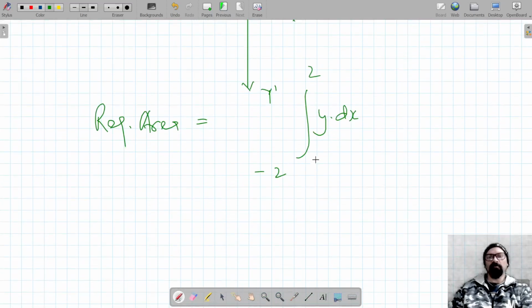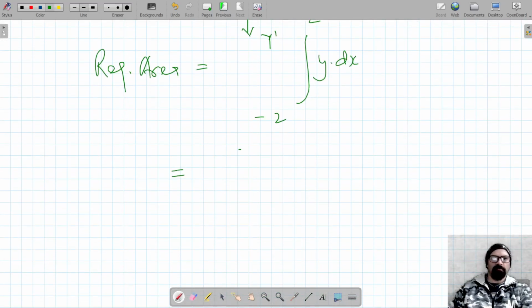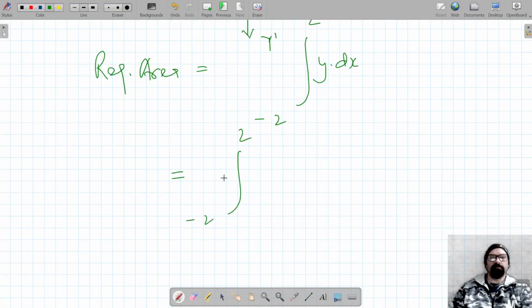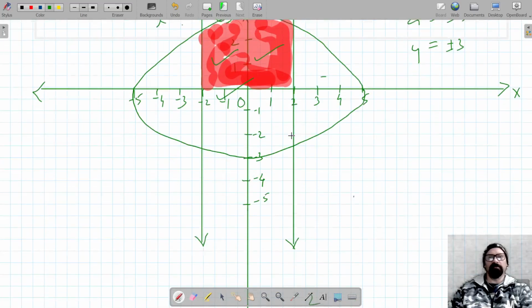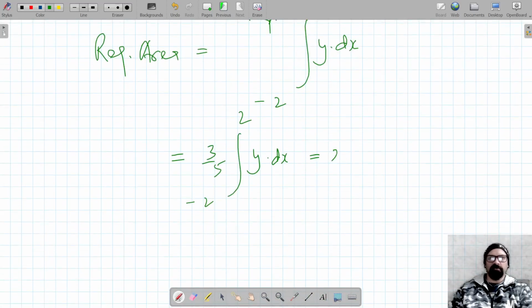So y into dx means this goes from the limits -2 to 2, and 3 by 5 is out. Because these two regions are symmetrical, I can write it as 2 times the region that goes from the limit 0 to 2.